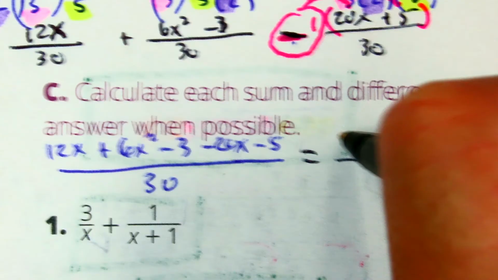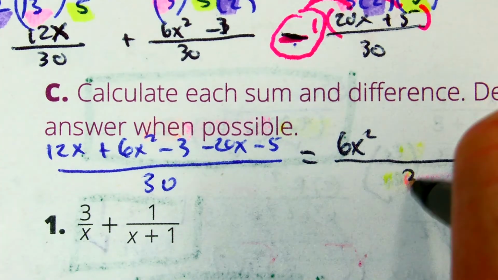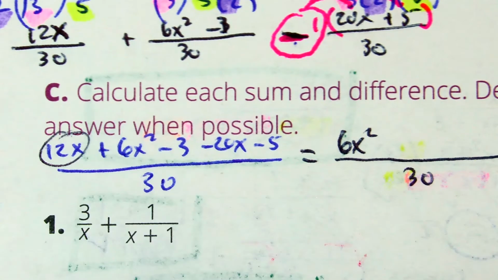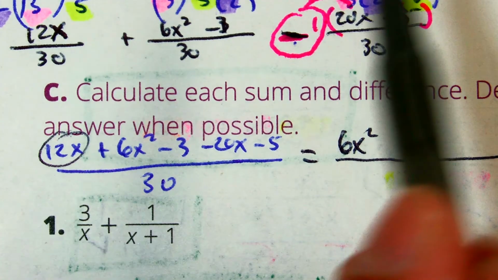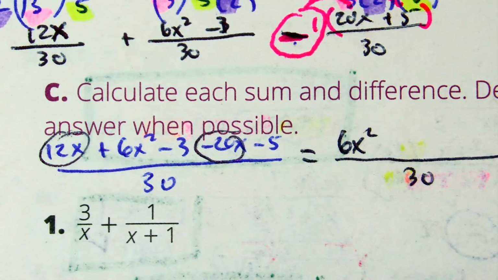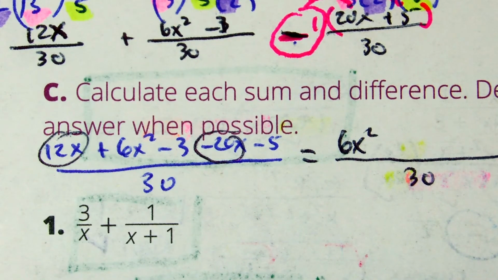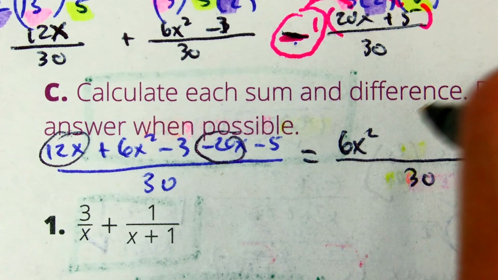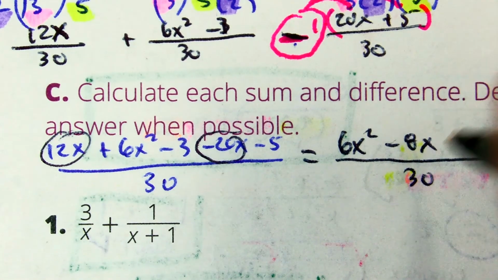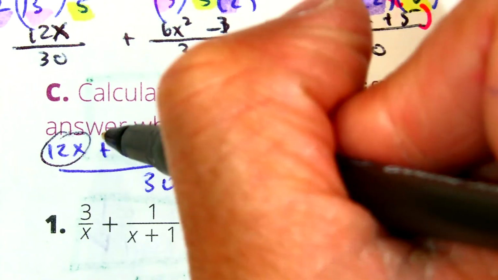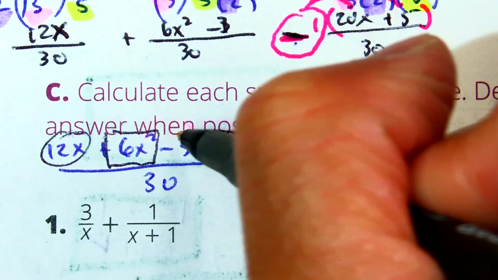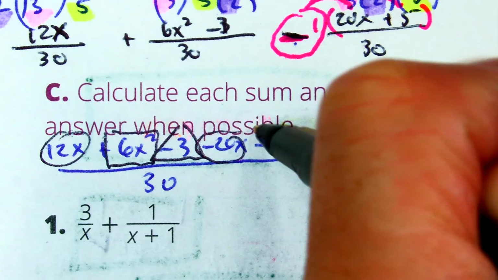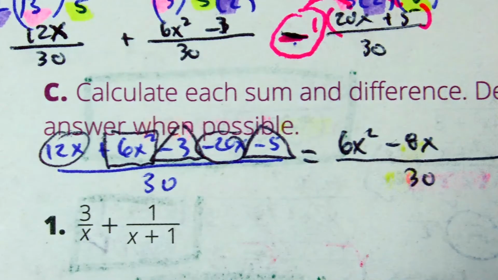Good. How about the 12x? Negative 20x. So 12 minus 20, Marisol? Negative 8x. So you can use different shapes if you want. And Marisol, negative 3 minus 5. Negative 8.